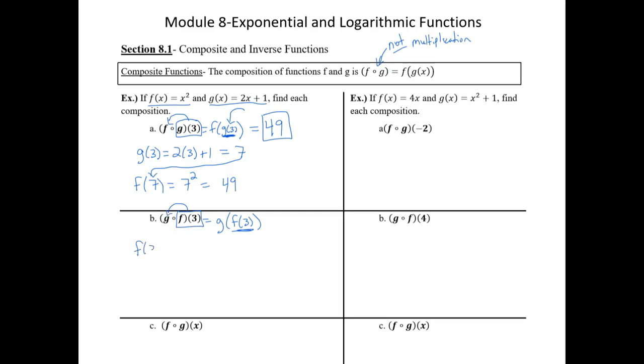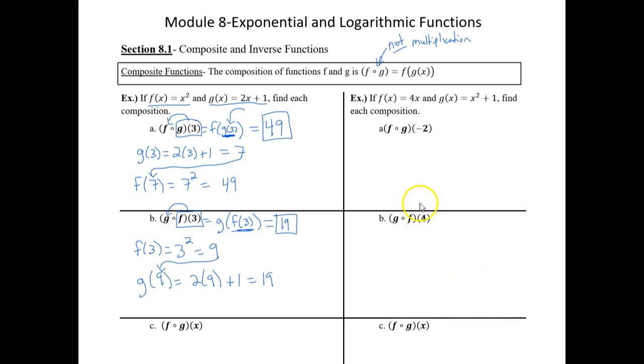So f of 3, replacing x with 3, and 3 squared is 9. Now that solution will go into function g. Replacing x with 9 in function g, and following order of operations, 2 times 9 is 18, 18 plus 1 is 19. So g of f of 3 is 19.